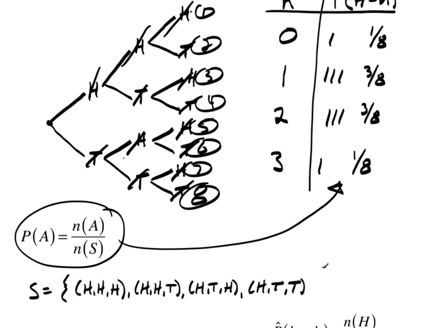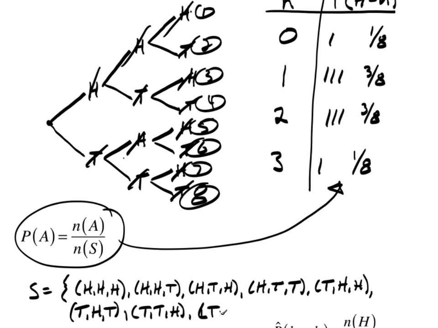Then I have a tail, head, head. And then I have a tail, head, tail. And then tail, tail, head. And then the last, tail, tail, tail. Count them: 1, 2, 3, 4, 5, 6, 7, 8. Yeah, I got them all.